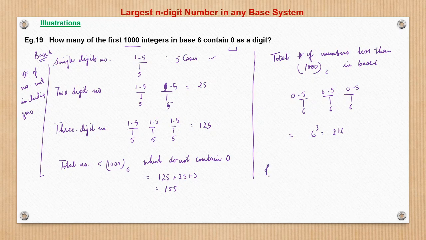So the required number is 216 minus 155. 216 is the total numbers less than 1000 minus the total numbers which do not include 0, which gives the numbers containing 0 as a digit. So 216 minus 155 gives 61 as the answer.